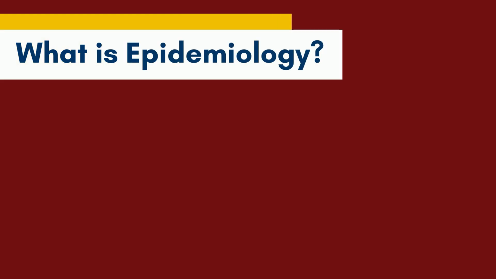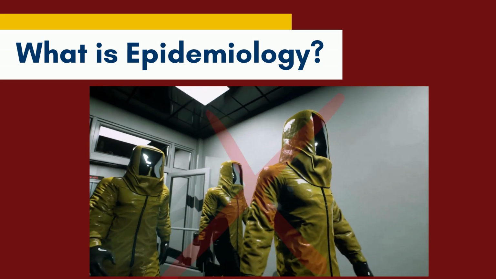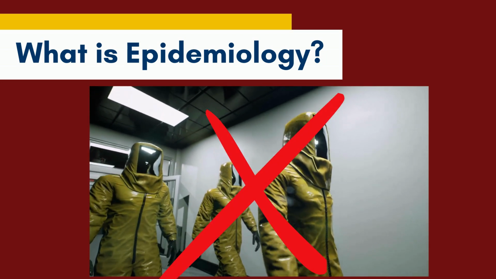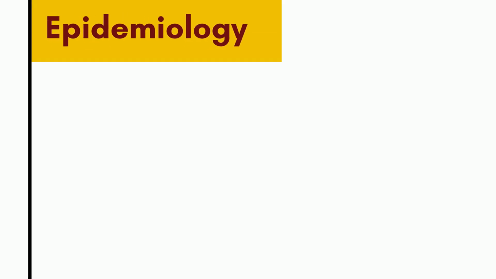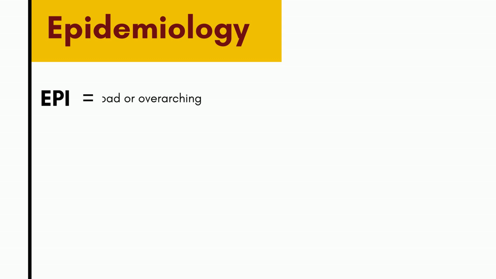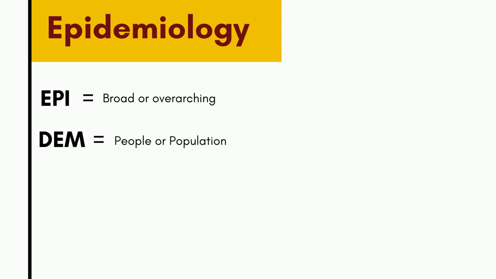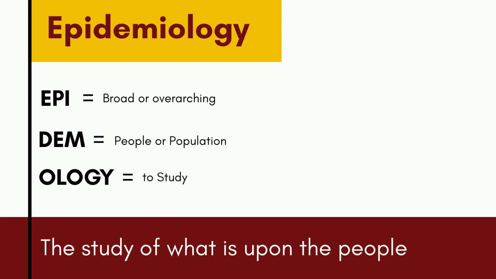What is epidemiology? Well, it's not exactly like what you see in the movies. The word epidemiology is formed by joining three root words. Epi, meaning broad or overarching, dem, meaning people or population, and ology, or to study. Putting the roots together, epidemiology is the study of what is upon the people.